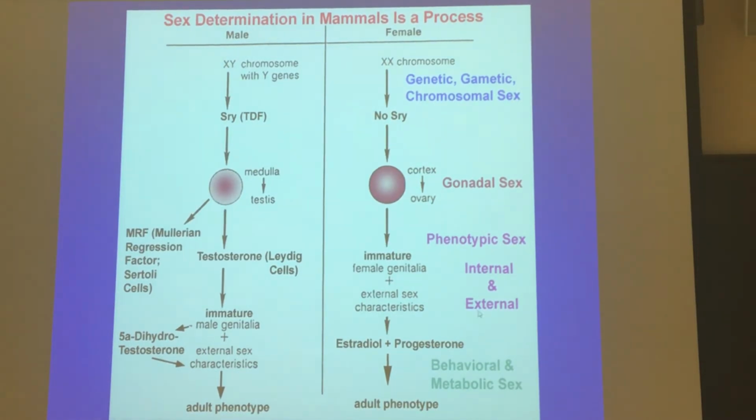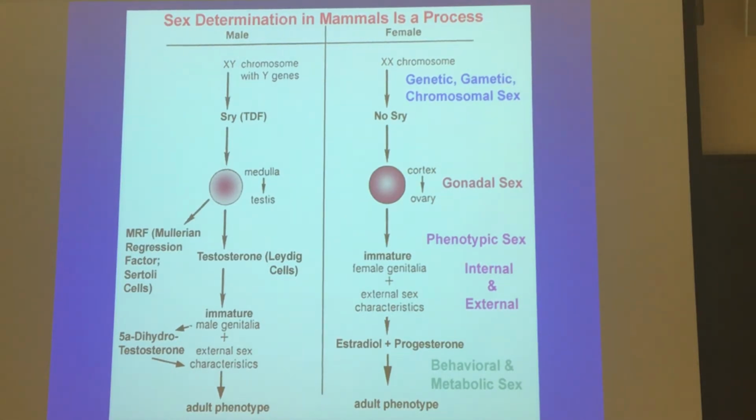And then externally is the external genitalia that goes along with one gender or the other. So testosterone will stimulate the persistence of an internal duct system called the Wolffian duct system. And the Wolffian duct system is going to develop into the vas deferens, the epididymis, the structures that support testicular function.